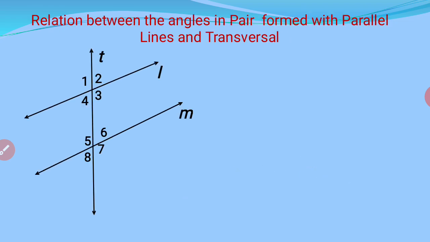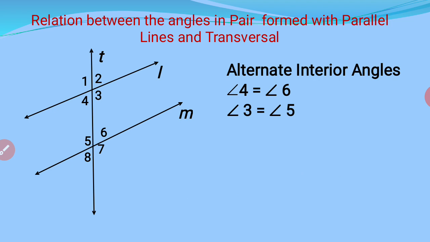Here we have the same pair of parallel lines, line L and line M, with the transversal T, and we have the 8 angles which can be shown in the figure. Here we come upon alternate interior angles.